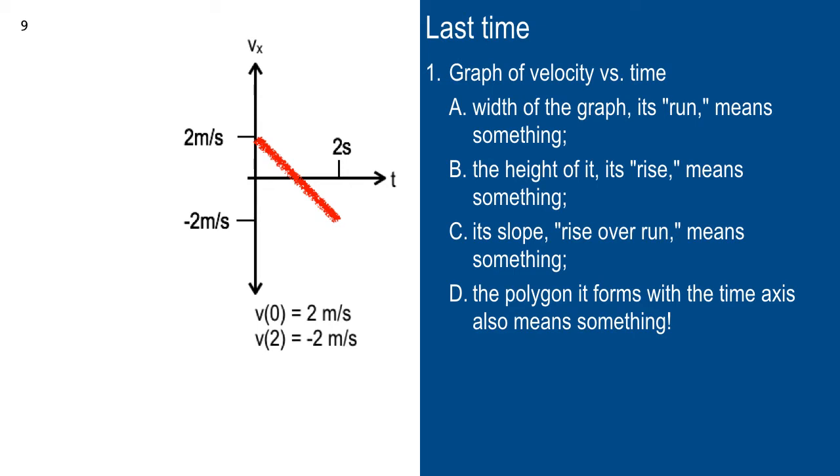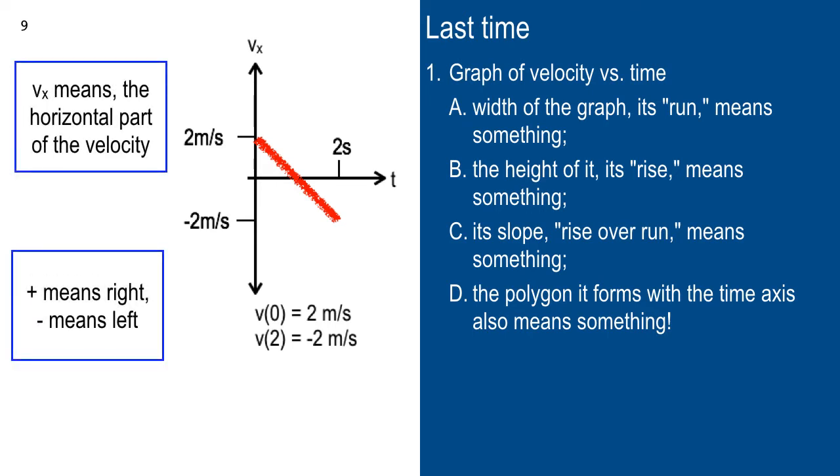So how fast you go to the right or how fast you're going to the left. A negative number means that you're going to the left, and a positive number means to the right. So this one, the graph is up in the top half. That doesn't mean you're moving upwards. It means you're moving rightwards. And that's why I say it's abstract.